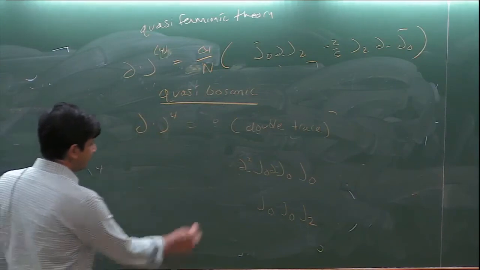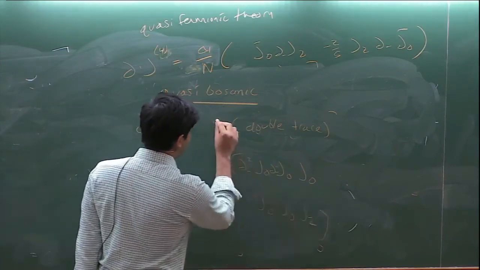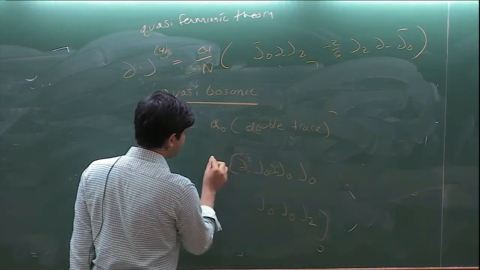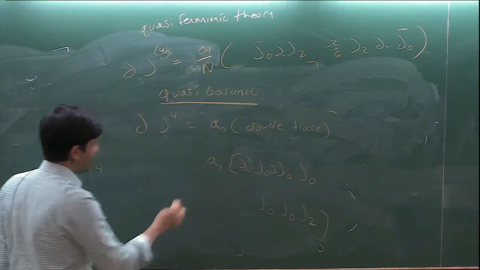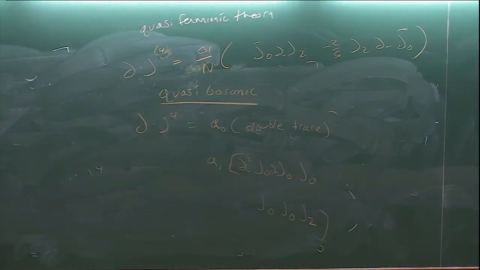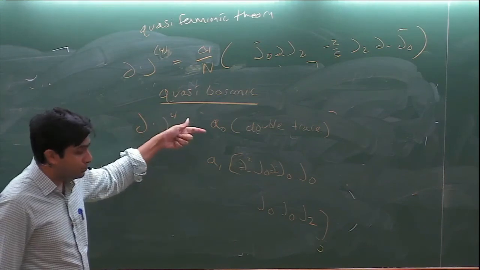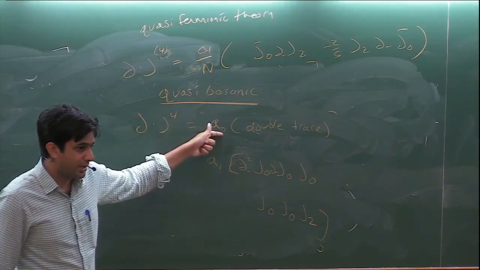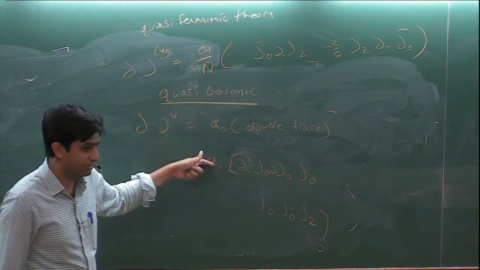Okay, so then when you try to solve these corresponding equations, you find that in principle there are 2 parameters, A0 and A1, and A1 and A0 are both independent.